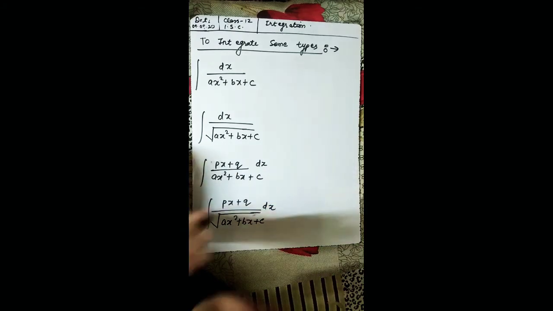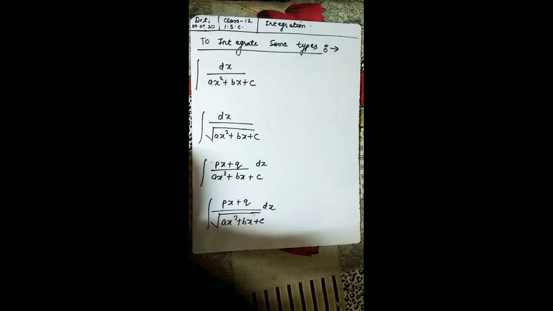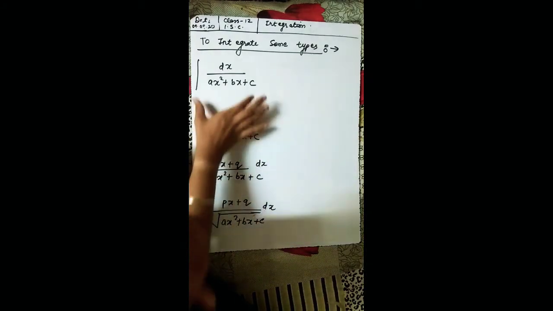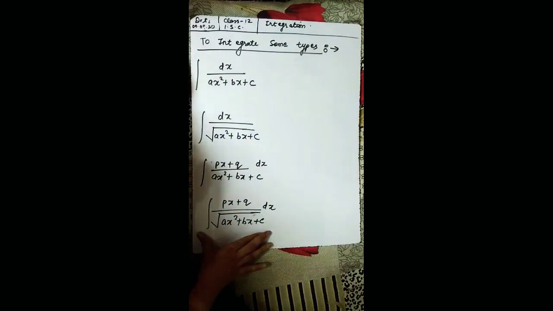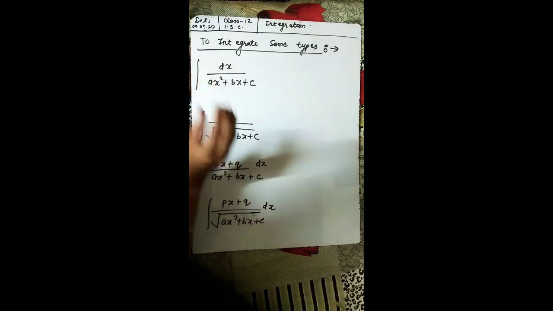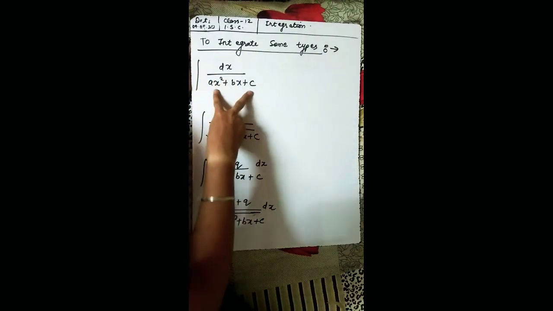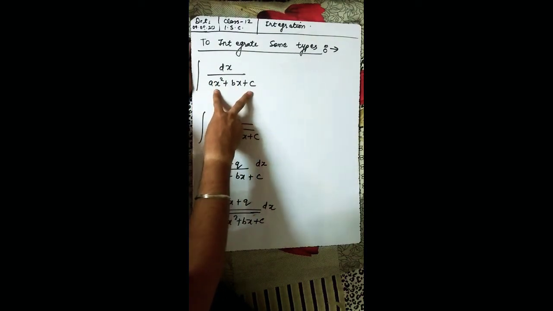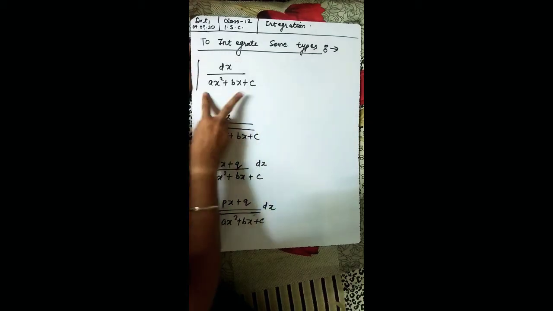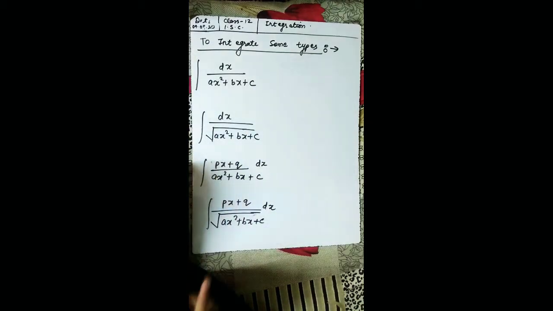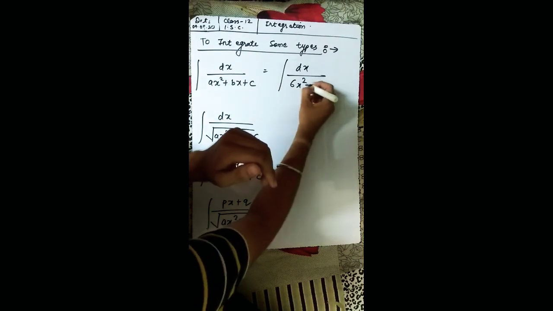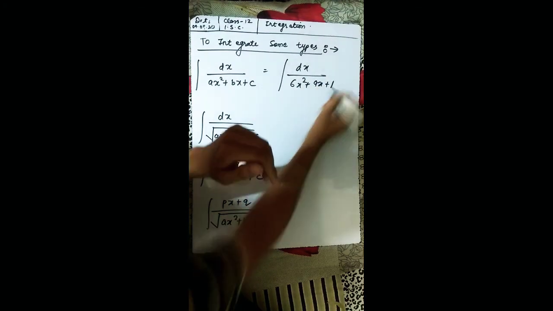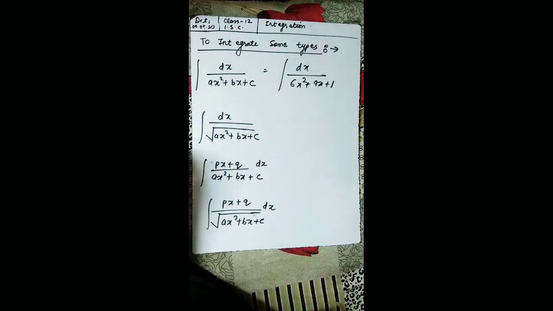Okay, so today we will only study how to integrate if you have such questions like this type or this type. If we go inside each and every type, you see this is a form of quadratic equation. So how to solve integration of dx upon ax square plus bx plus c? Say for example, if you have such type of question, what to do?